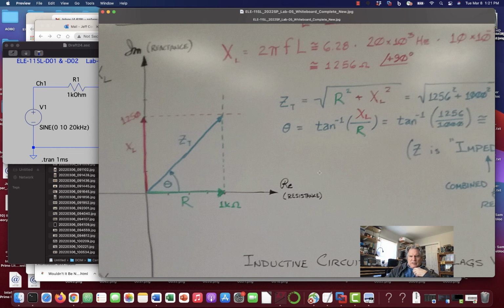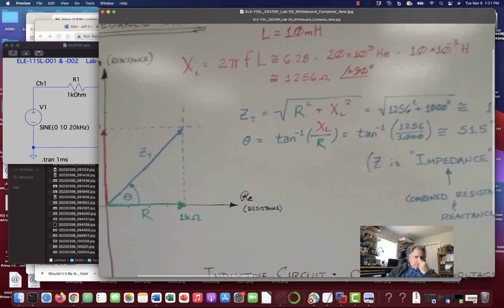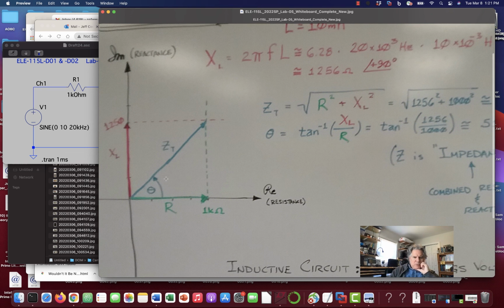And now we go to figure this out. What I have here is a right triangle. Axes always meet at right angles for us anyway. One side is 1,000, the other side is 1,256.